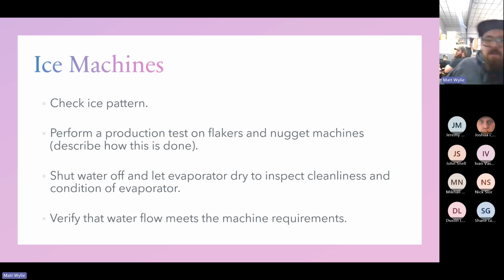So basically on the Hoshizakis and Manitowoc's, from the moment it kicks out of your harvest, you time it from there all the way till it drops and starts the next cycle. Manitowoc and Hoshizaki both have their specifications for what their time should be, in the manual.